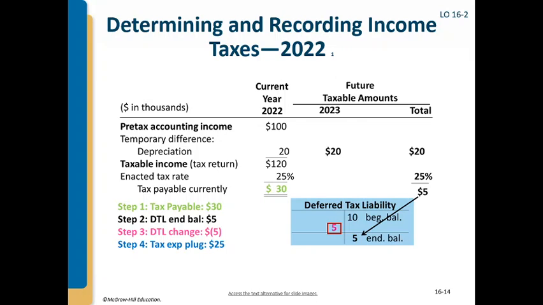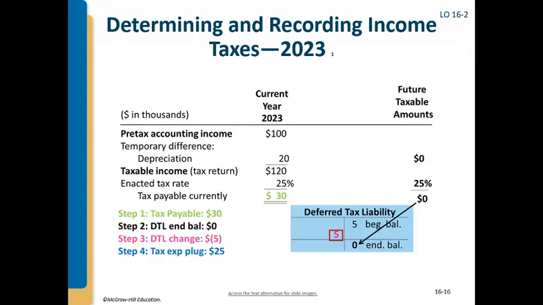And then again, you have a plug number here of 25,000. And since the number is the same for 2023, it's going to look exactly like 2022. And note that the deferred tax liability at the end of the 3 years is now 0.